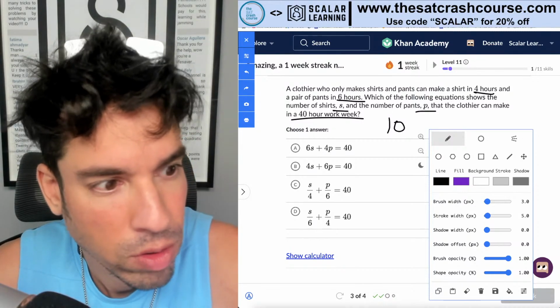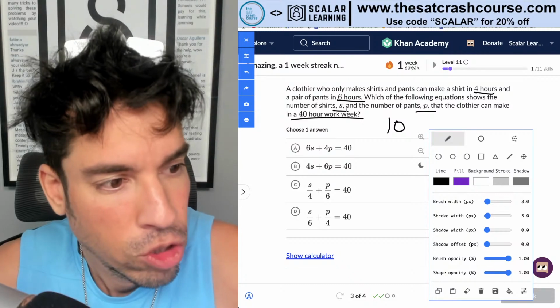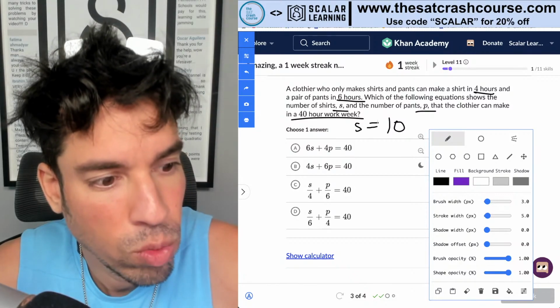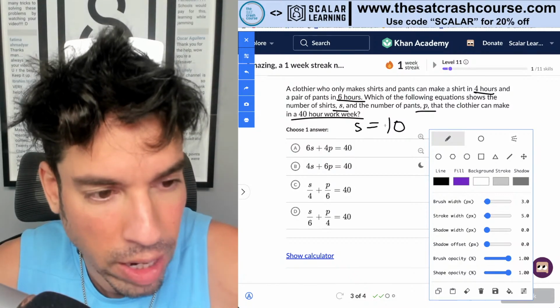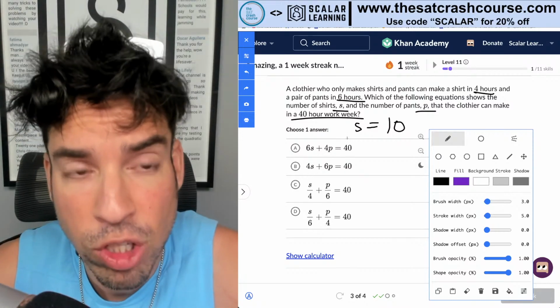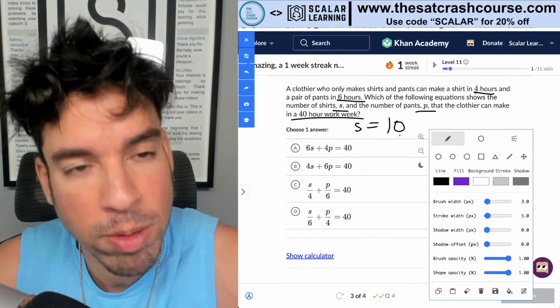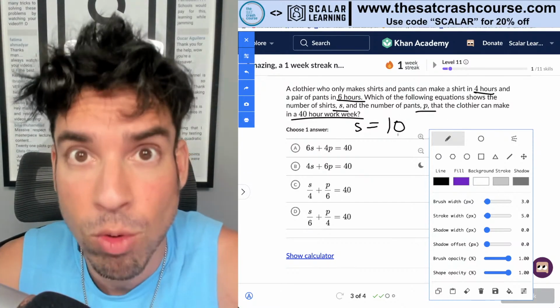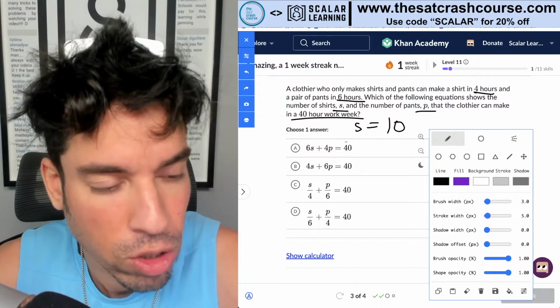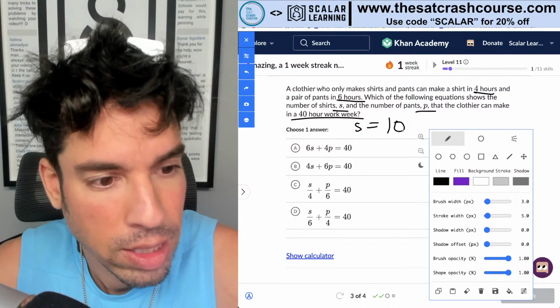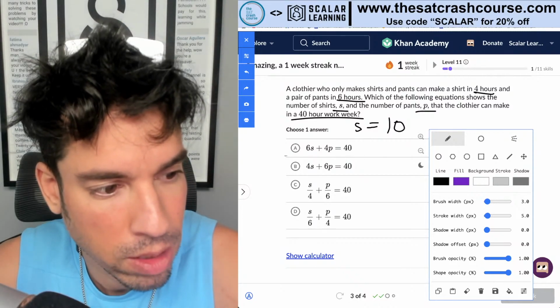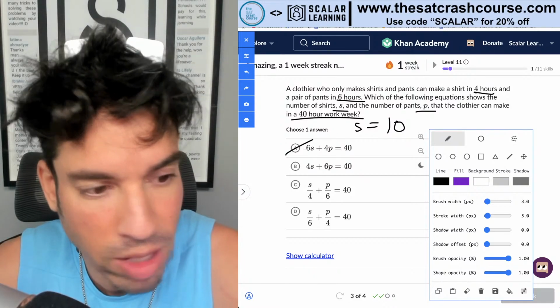Meaning, if I plug in, what is P? Hold on. Yeah. So S equals 10, okay, when P equals 0. Like if I do no pants, I should be able to make 10 shirts because I'm using all 40 hours in there. So let's see. This would work for B. So not A, because if I plugged in 10 here, that'd be 60.